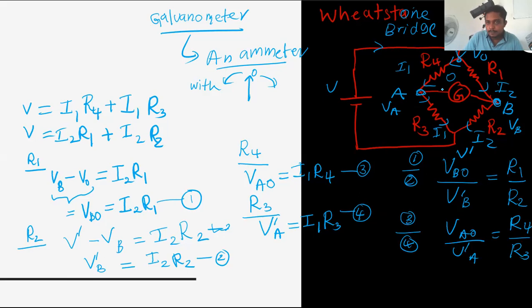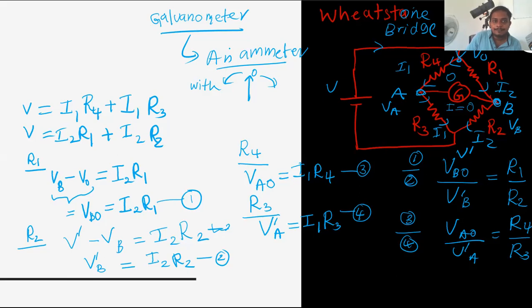Since in this Wheatstone bridge experiment the reading of the galvanometer, the current, is 0, no current is flowing, which means the potentials at A and B are the same.